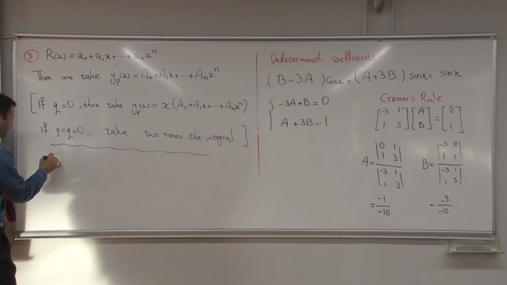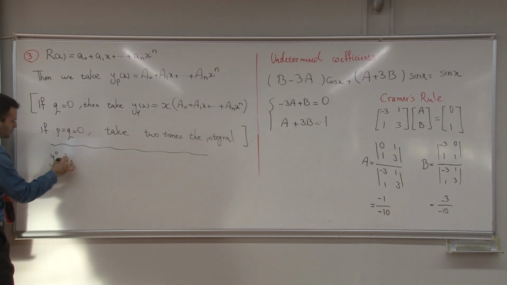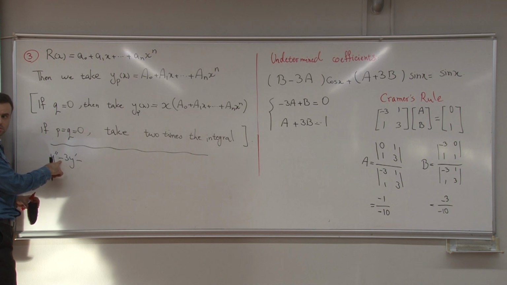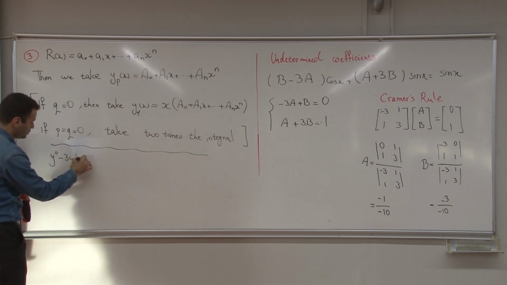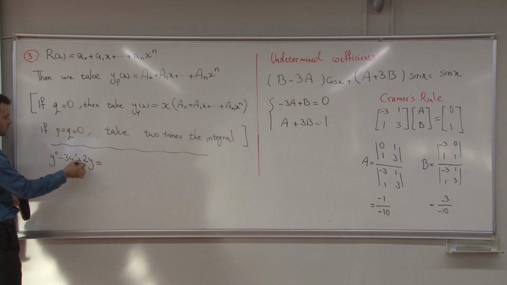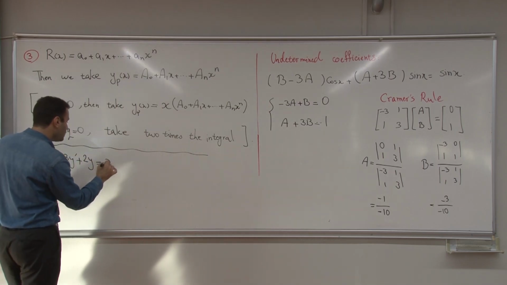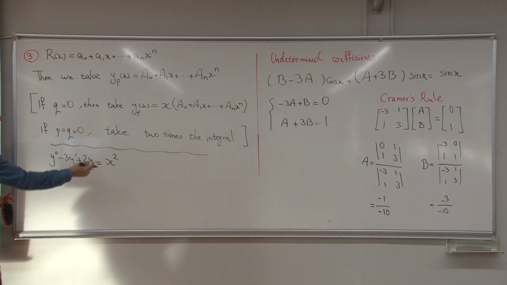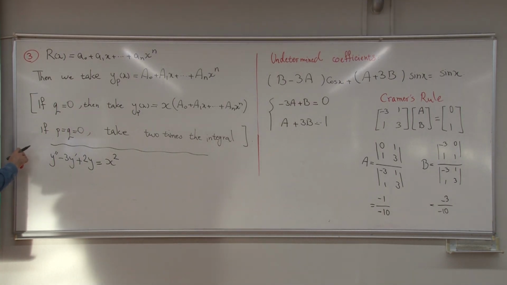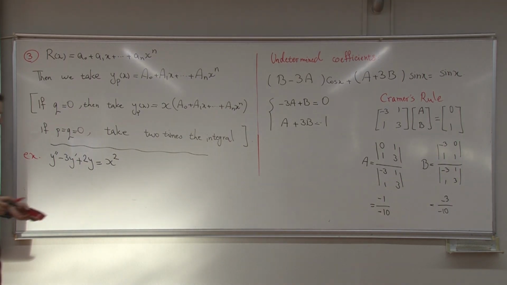Anyhow, what was my example? Y double prime minus 3y prime plus 2y equals a polynomial. Now if you have this kind of equation and we are asked to solve it, what should we do?